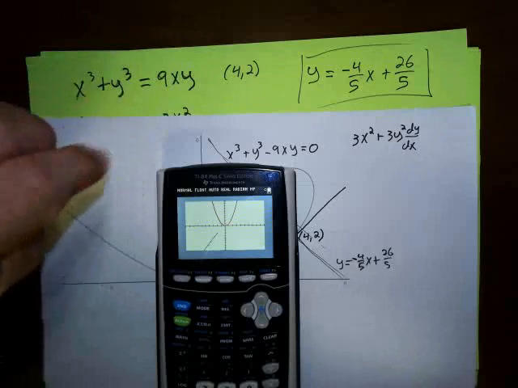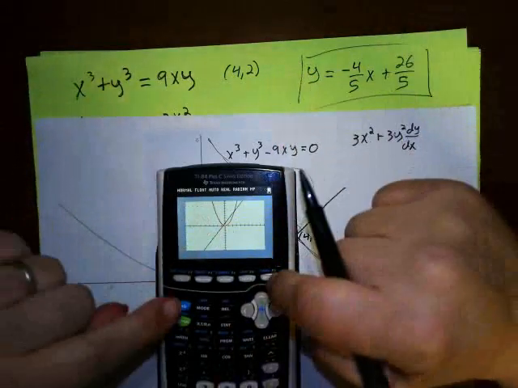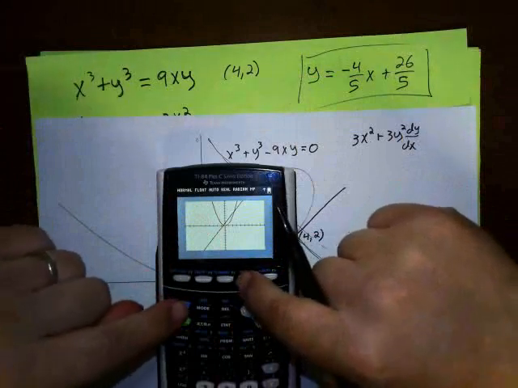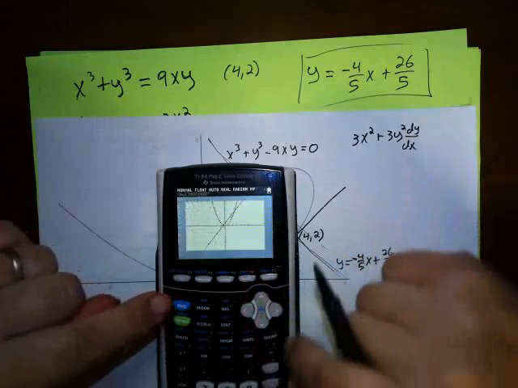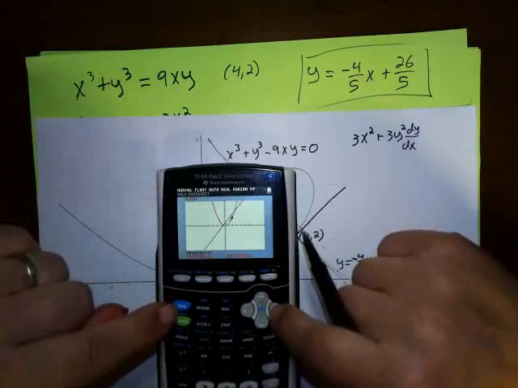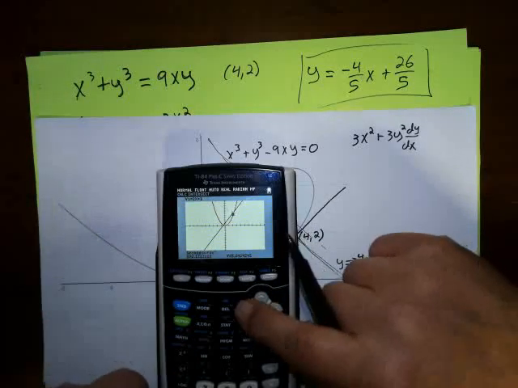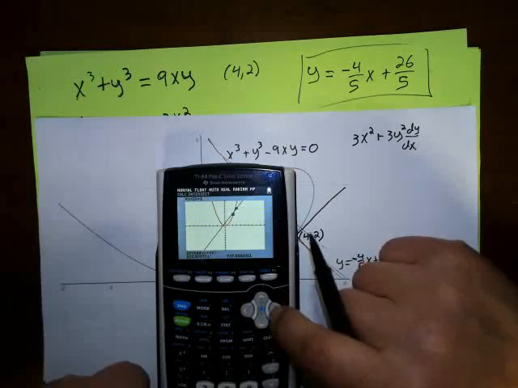And so one nice thing is you can find where two graphs intersect by hitting second calc and going to the intersect function. And so now what it wants is a first curve, so I want this curve, and then a second curve is this curve, so it wants the two curves.